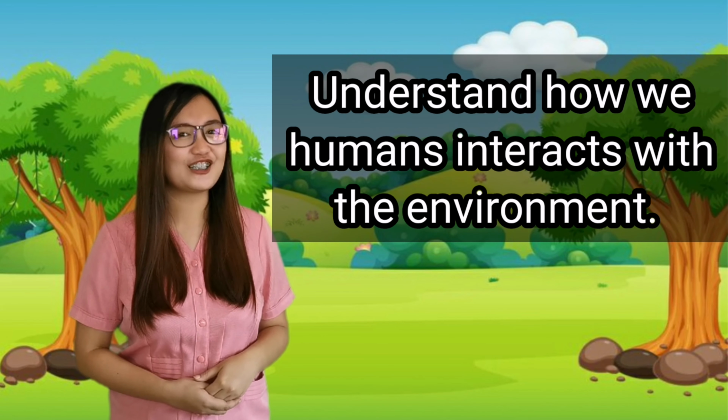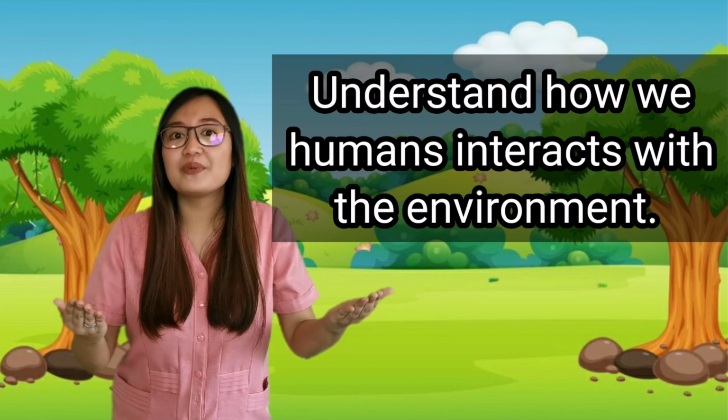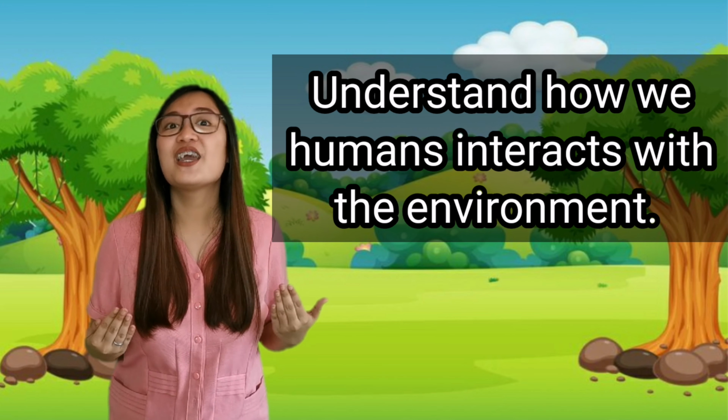Second, it helps us to understand how we humans interact with the environment. An example of this is how we use our natural resources like water, air, animals, and plants.